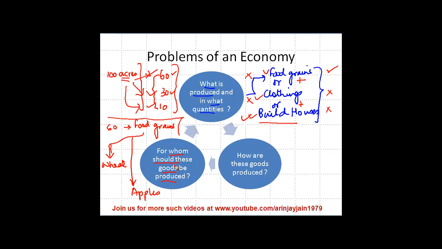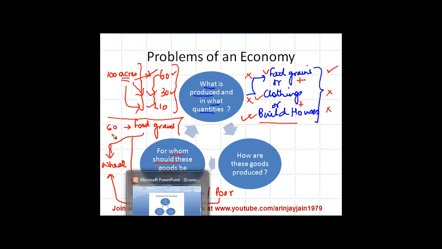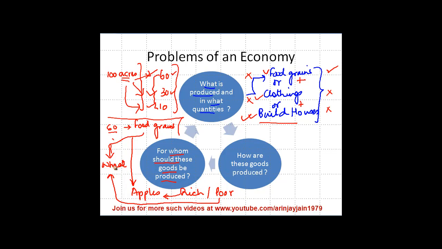What does this mean? In every society there are rich people and there are poor people. So a rich man's delight will be apples, but a poor man would want wheat. So he would want that these 60 acres be used to produce wheat, while the rich man will want apples. So the second problem is, for whom should these goods be produced?